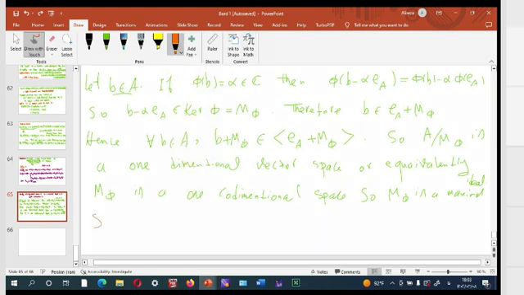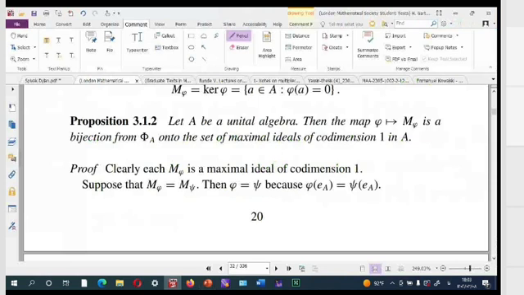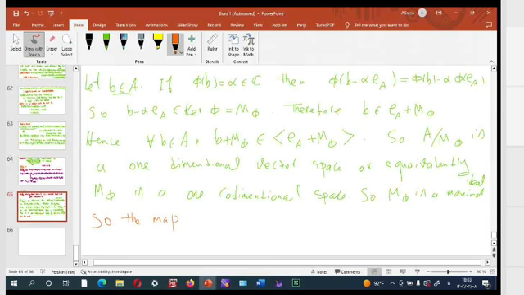So the map φ maps to M_φ from Φ(A) to the set of all maximal ideals M, such that M is a maximal ideal in A, is well defined.